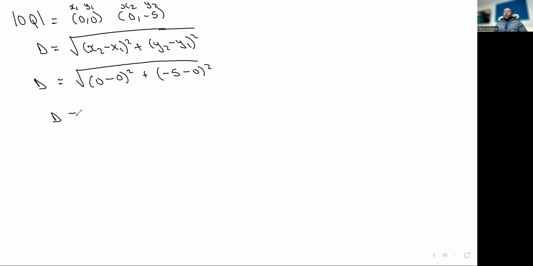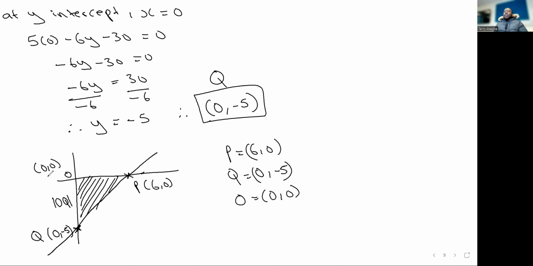And this will give you the square root of 0 plus 5 squared, that is 25. Square root of 25 will give you 5. So that means OQ is equal to 5.